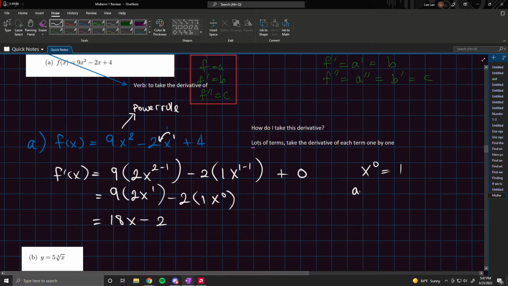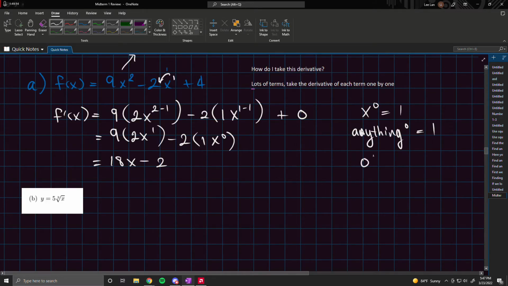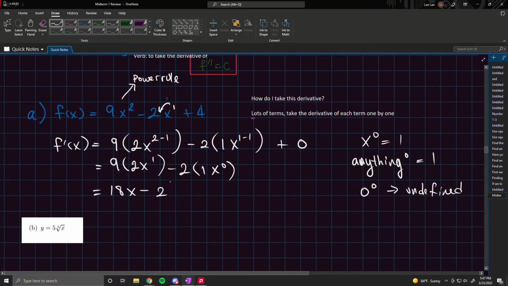In fact, anything to the 0 is just 1. The only exception is 0 to the 0, which is undefined. And so you get 18x minus 2, and that should be our answer.